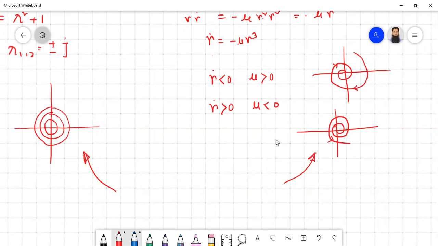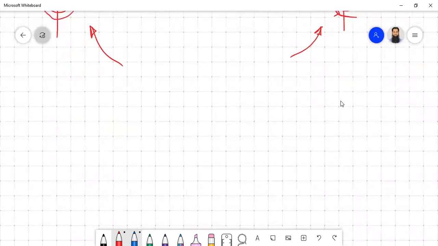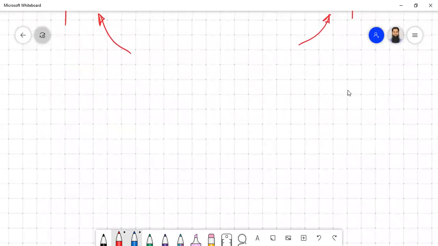A limit cycle is basically an isolated closed curve. That is what is called a limit cycle. In the Van der Pol equation, we have seen some limit cycle. So from the phase plane analysis, a limit cycle is defined as an isolated closed curve.